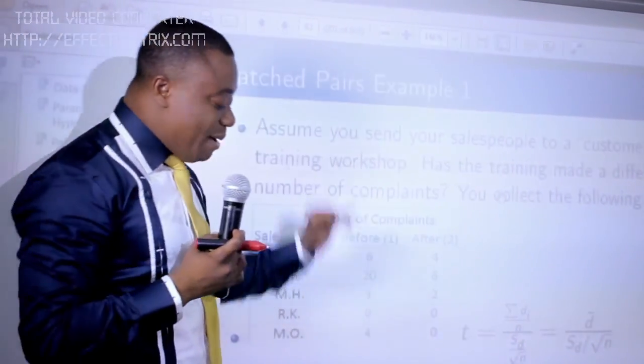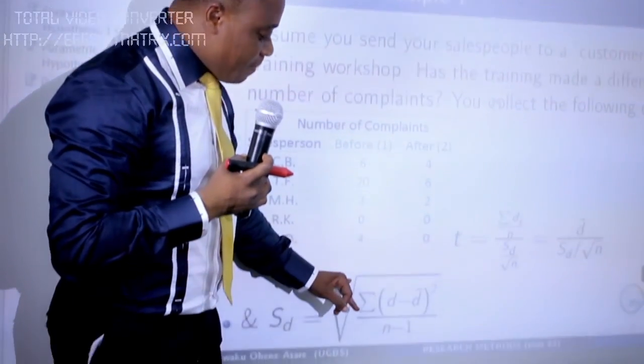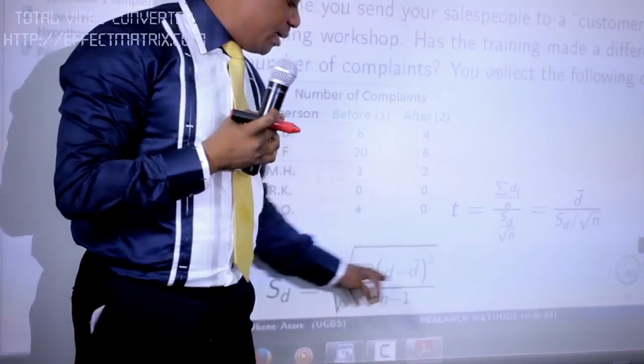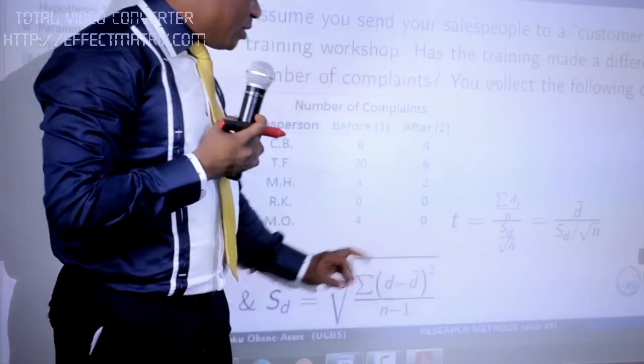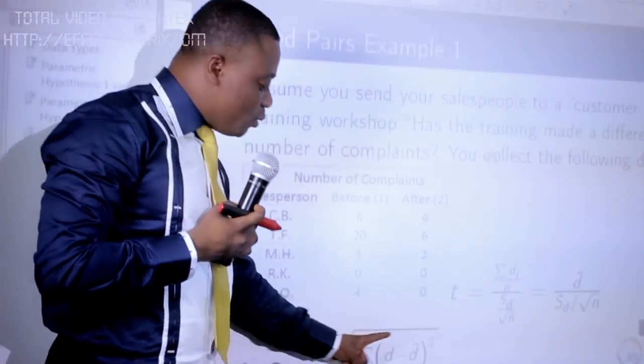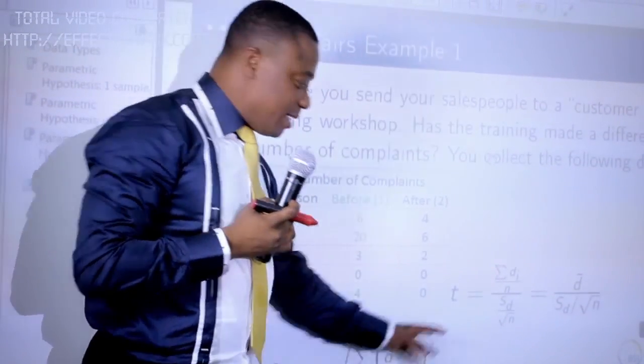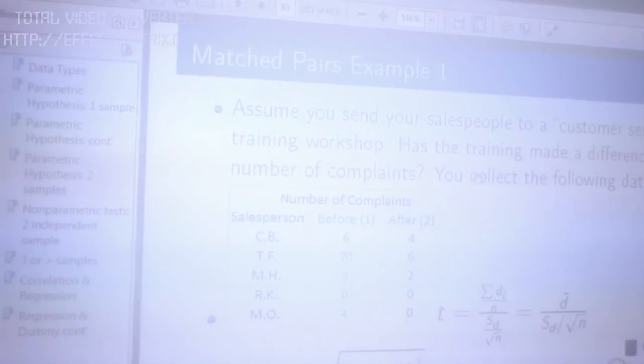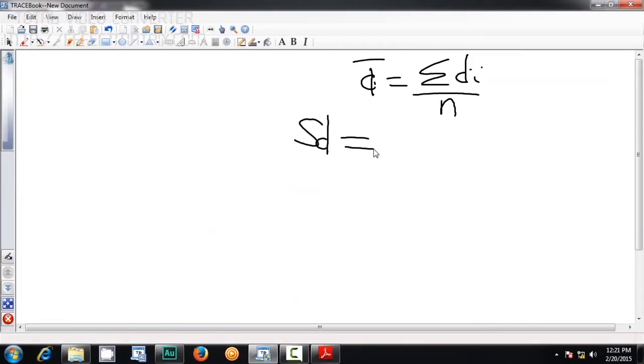But before you sum it, you make sure that you square it first. Sometimes people make the mistake of not squaring it. We shall look at an example very soon. So let me go back there and document that here. Some people will also forget to bring the square root. You have to bring the square root.